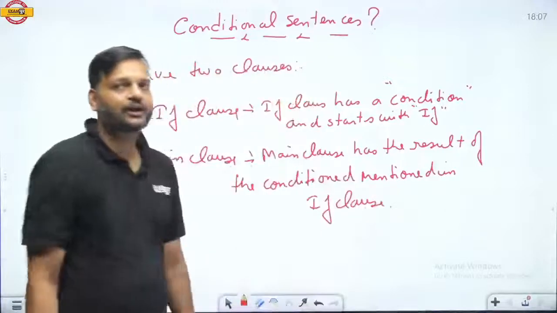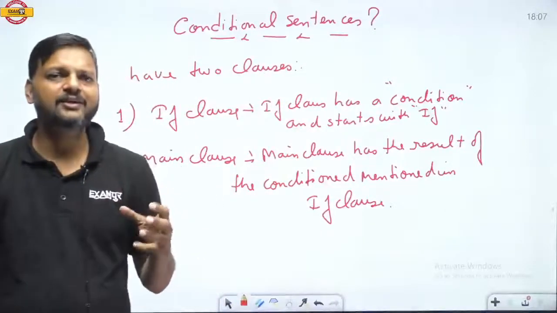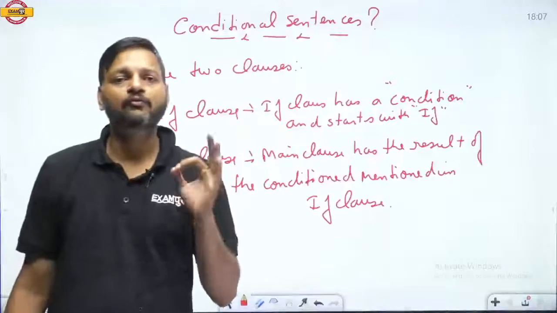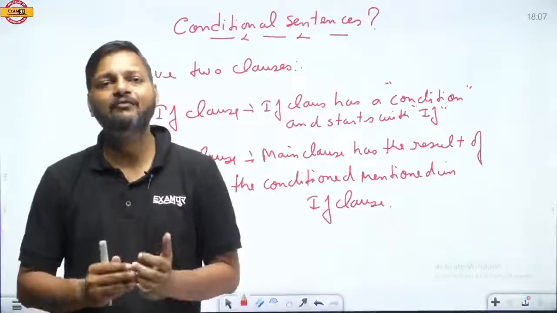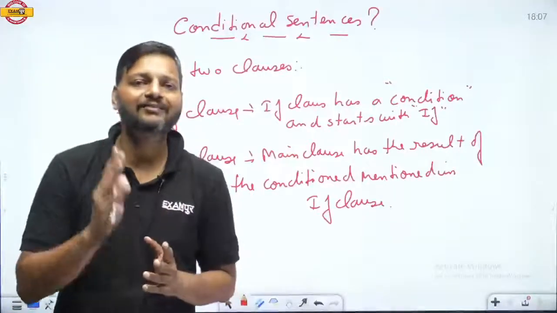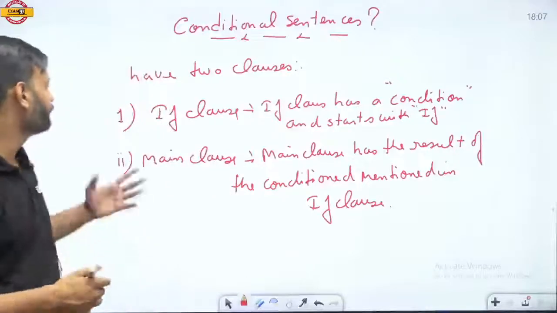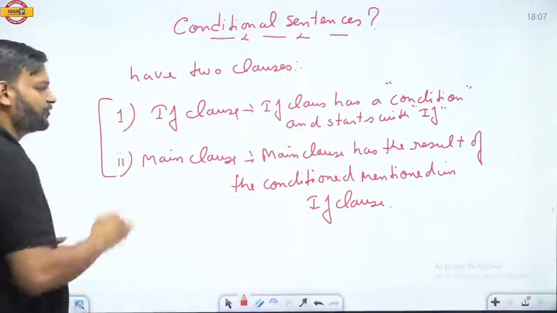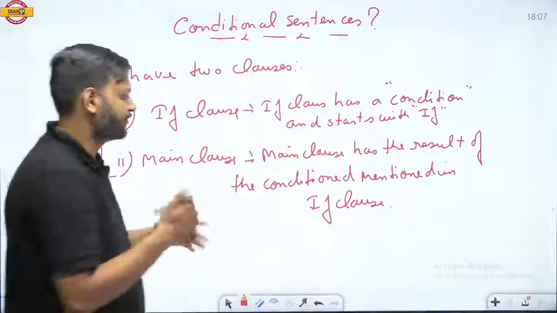So conditional sentences consist of two clauses. The first clause is the if clause, which has a condition, and the second one is the main clause, which has the result of the condition mentioned in the if clause. Basically, the two clauses combined are called conditional sentences.